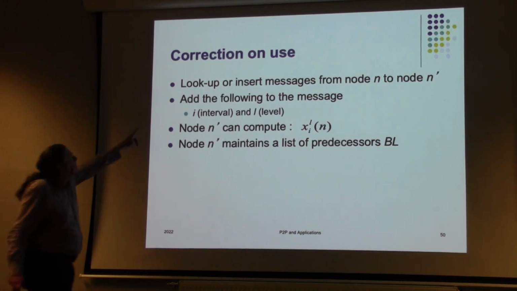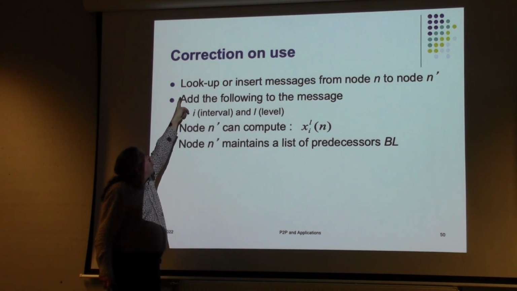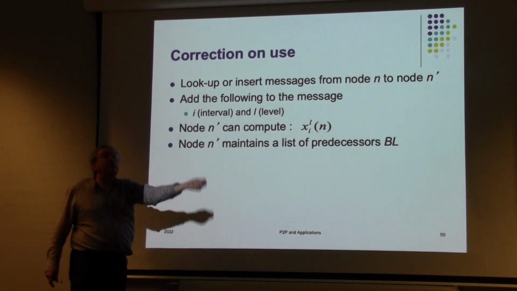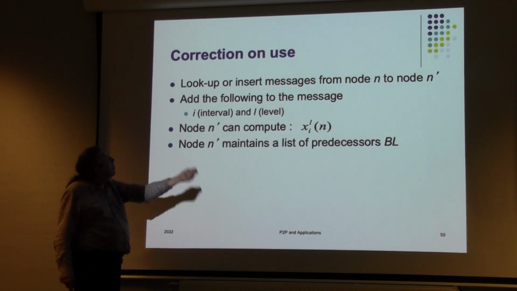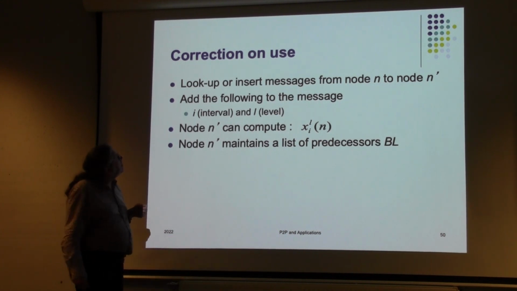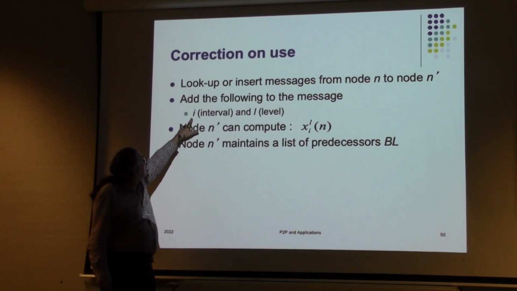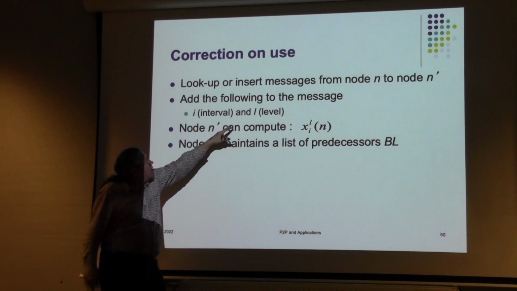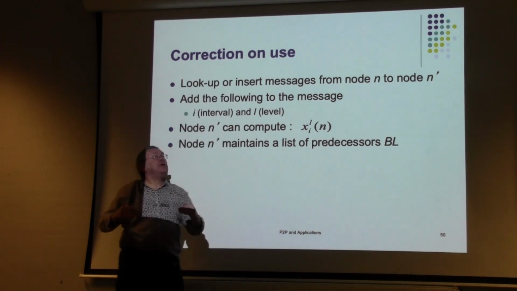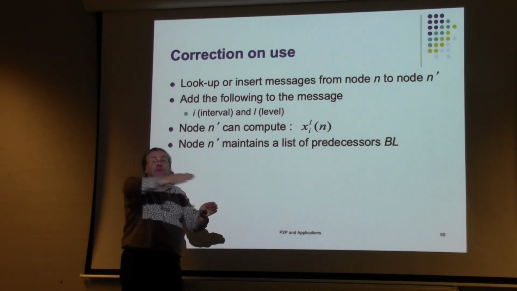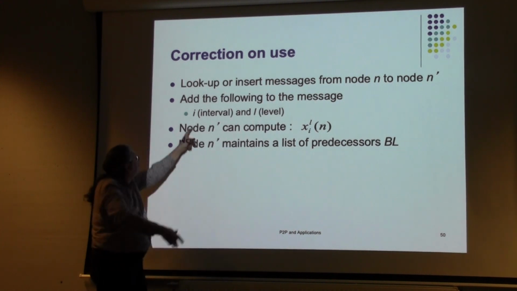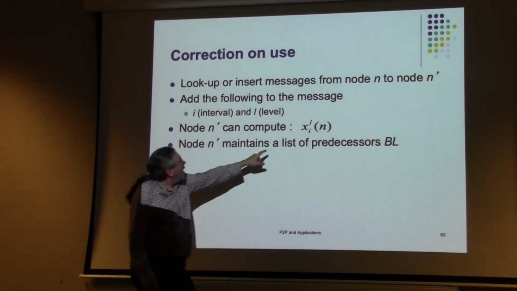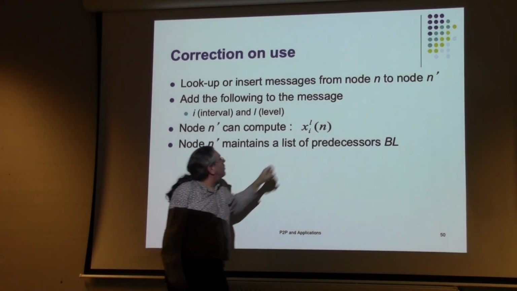Okay? So when I do a lookup or insert, where lookup is the get and insert is the put, when I do a lookup or an update from end to end prime, I add some information, piggybacked to the message. The level starts at level 1, 2, 3. At each level, I have the interval. So I add the interval, two numbers, I and L. And X, I, L, N, where N is the responsible node.